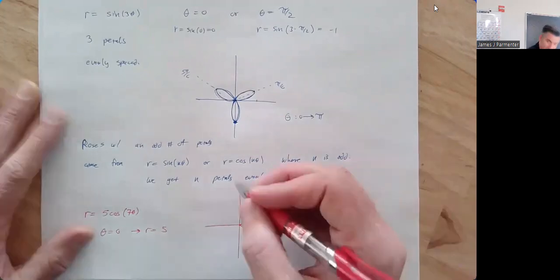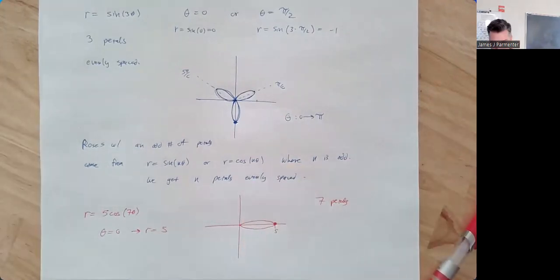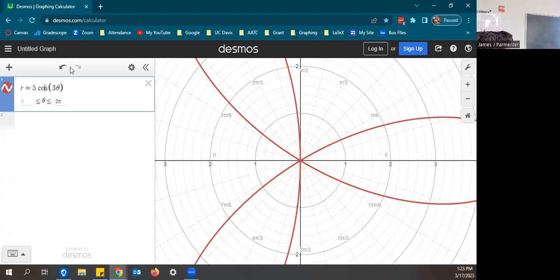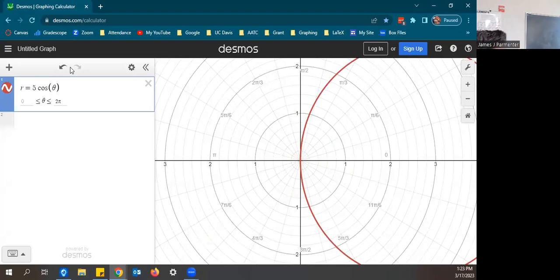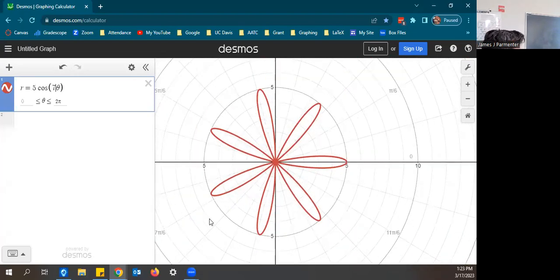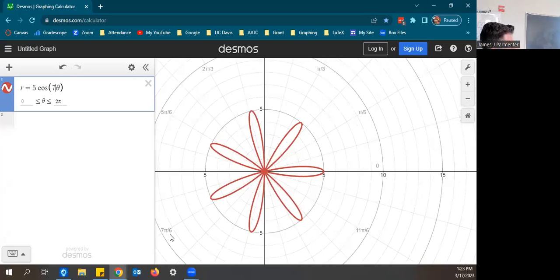Let me show you on Desmos. Okay, so if we make this r equal to 5 cosine of 7 theta, there is your rose with 7 petals, evenly spaced around the origin.